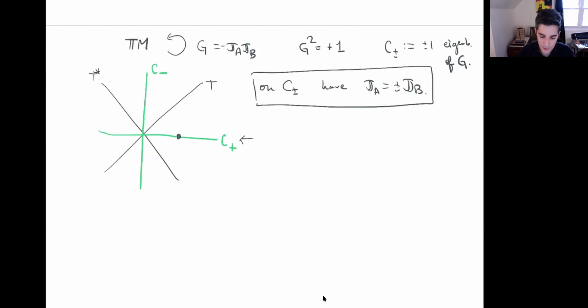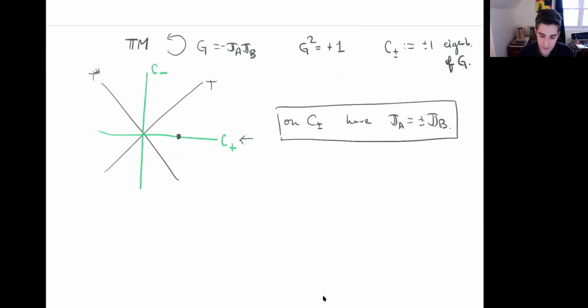I should have said even before that JA sends C plus minus to itself, just because JA and JB commute. Remember, that's the definition. So, of course, an eigenspace of JA, JB is going to be preserved by JA and JB. And that's true for JA and for JB. So these are complex subspaces for both complex structures.